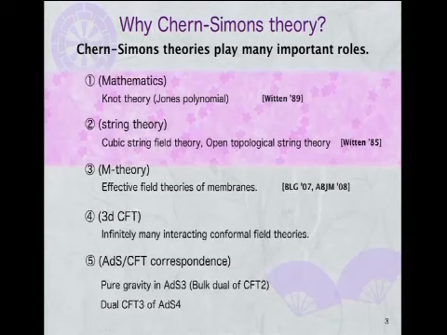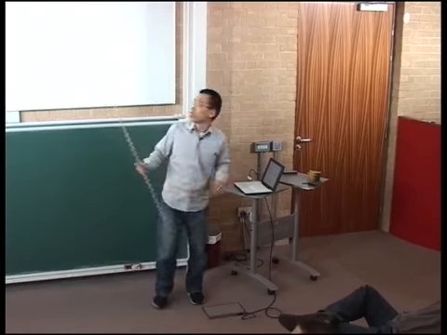For example, the action of cubic string field theory looks like Chern-Simons theory, and, related or not, Chern-Simons theory also appears as the action of open topological string theory.